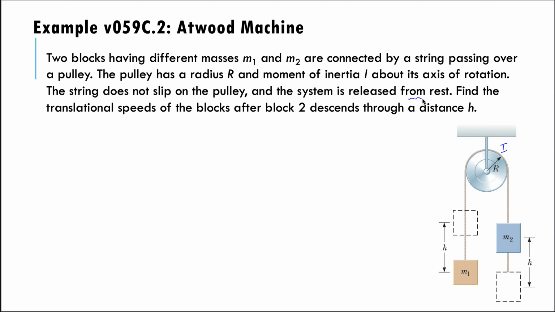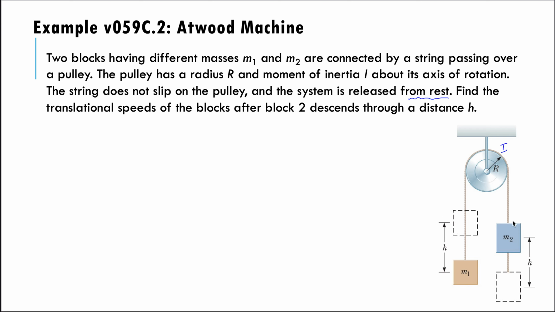Initially, the system starts from rest, so there's no rotational kinetic energy or translational kinetic energy. Is there any potential energy? Well, we have to define our zero level. We can define a different zero level for each object.